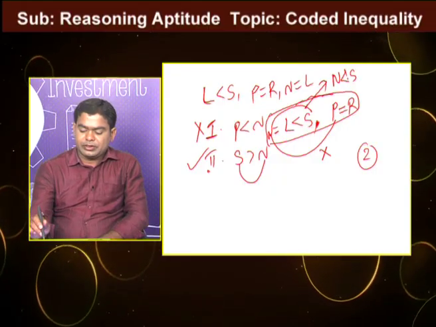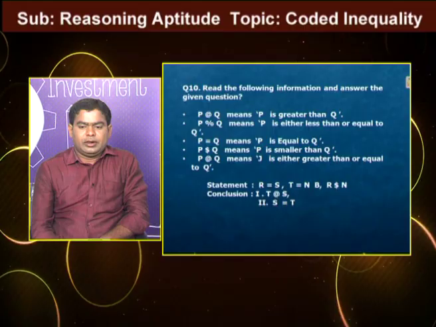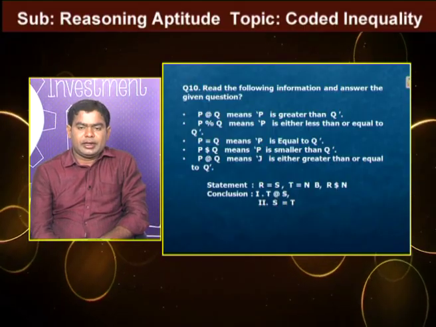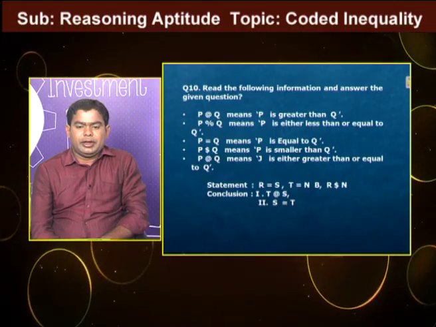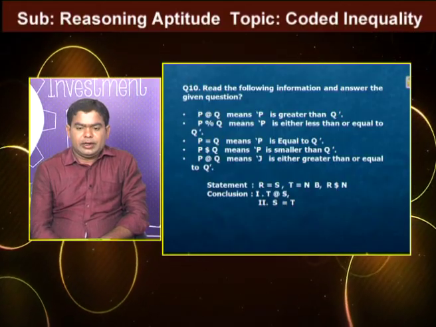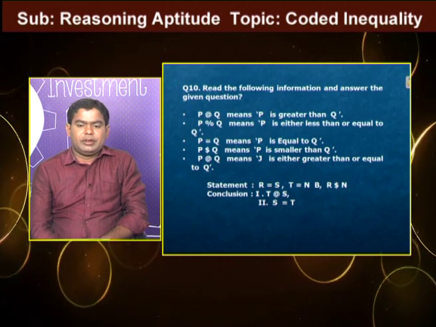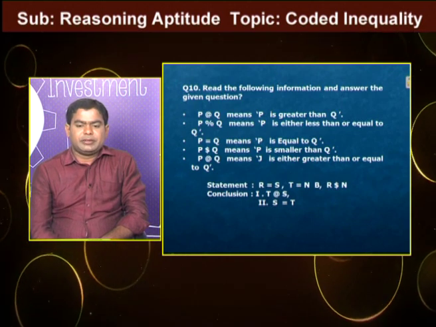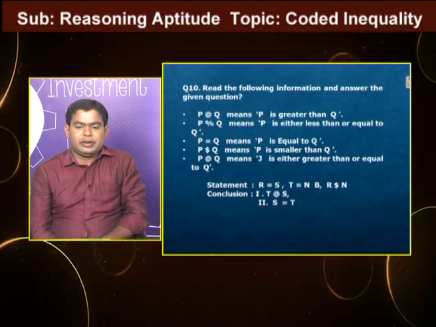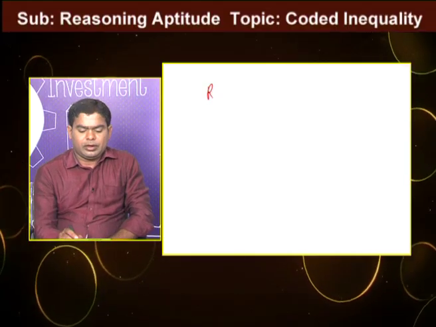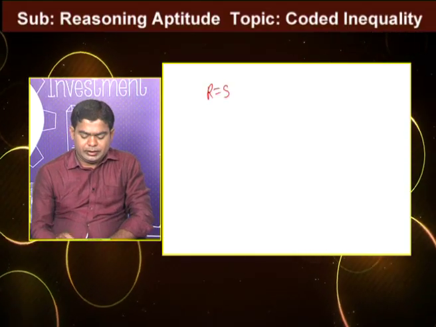Next we go to the next question: R equal to S, T equal to N. Conclusions: R dollar N, T at the rate S, S equal to T. First of all, we apply the inequalities for the given statement and conclusions. R equal to S, equal means equal.